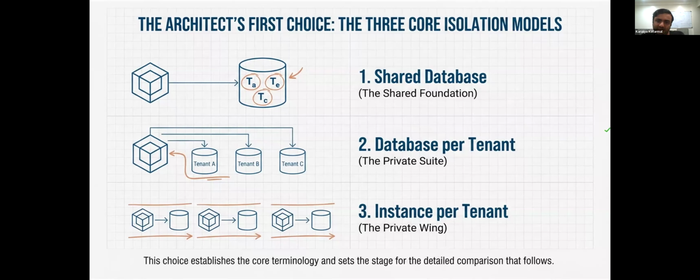When a third customer comes, you again create a new database and host a new application. If a bug comes, you have to fix it and redeploy the application three times.